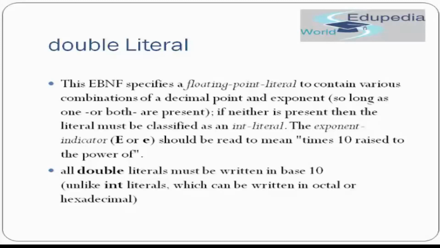If you are good with maths, then you must know the meaning of exponent in maths. It means something times 10 raised to the power of. All double literals must be written in base 10. So unlike int literals, they cannot be written in octal or hexadecimal.